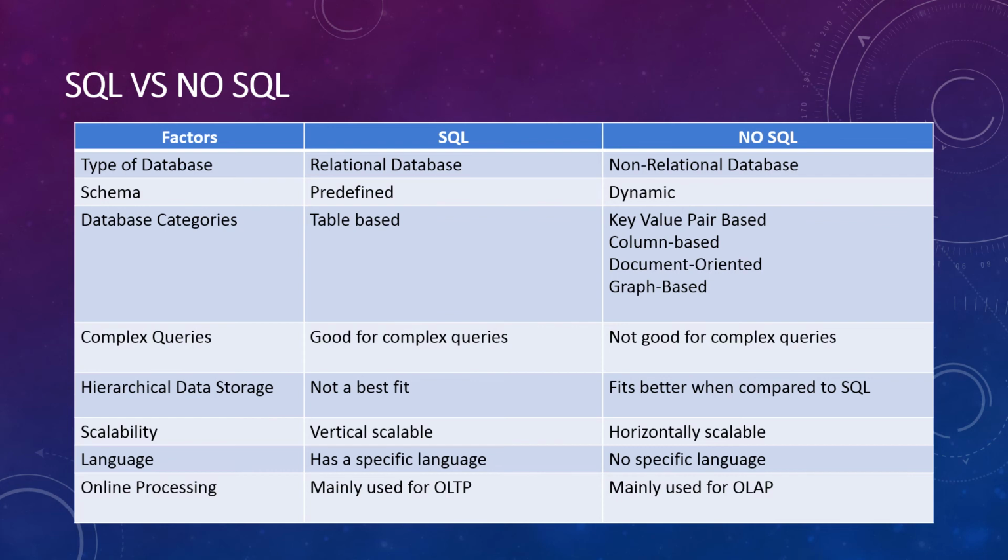Now the next category is complex queries. SQL is a good fit for complex queries as an SQL database is structured and has proper tables. So we can make use of nested queries in SQL.